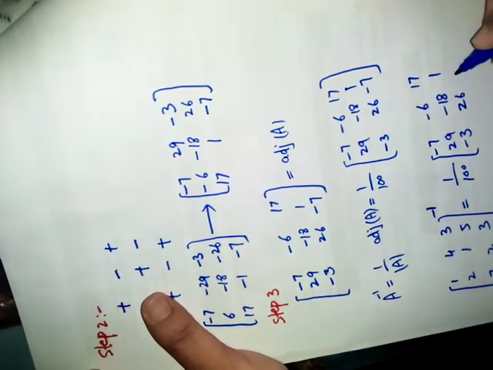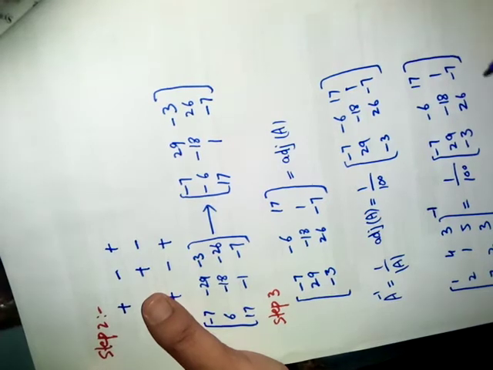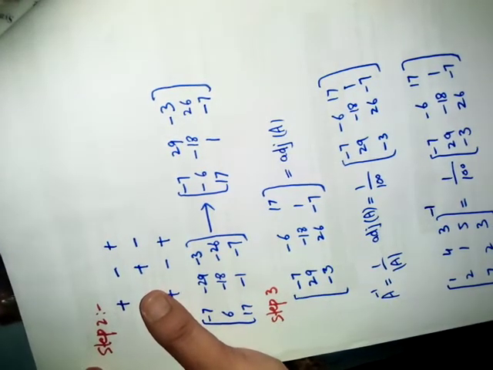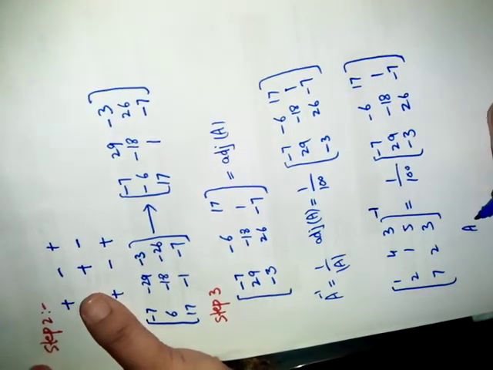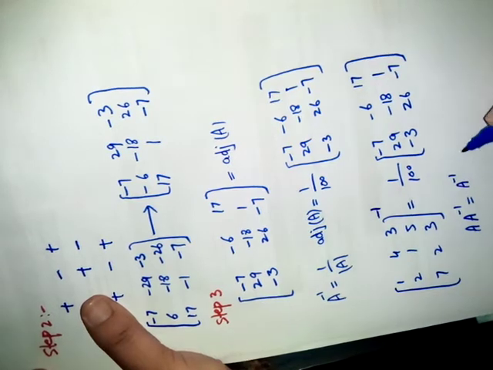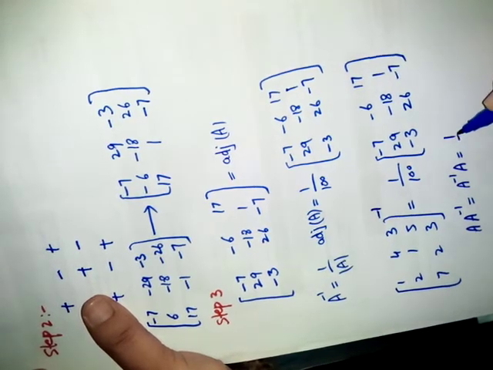If you want to check that our solution is right or not, then here is a property. If we multiply any matrix by its inverse from left side or from right side, then the answer will be the identity matrix.